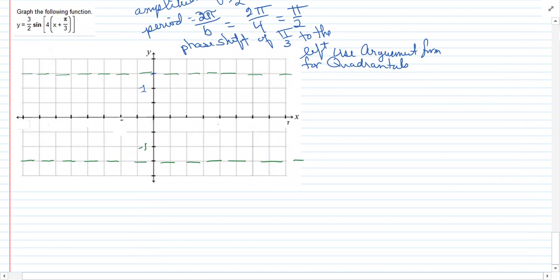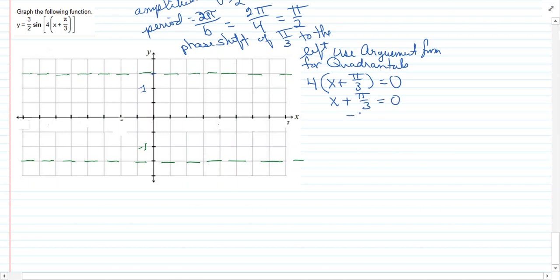So my argument for my x values, my radian measures, is 4 parenthesis x plus pi thirds has to equal 0. So if I divide by 4, I have x plus pi thirds equals 0.